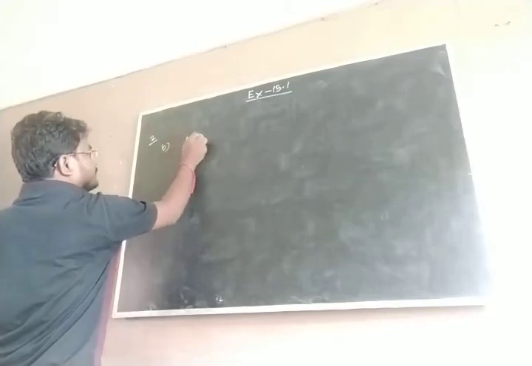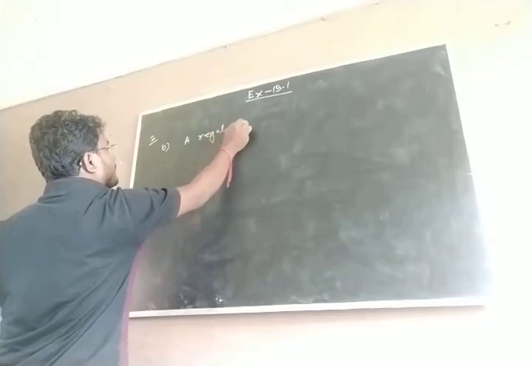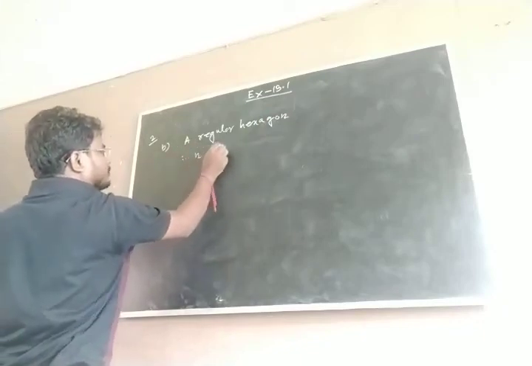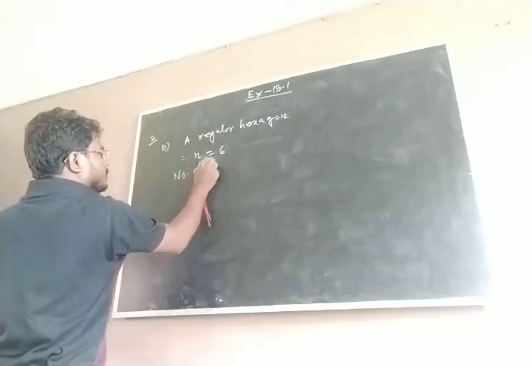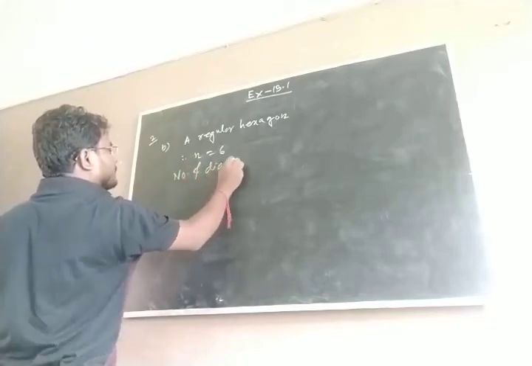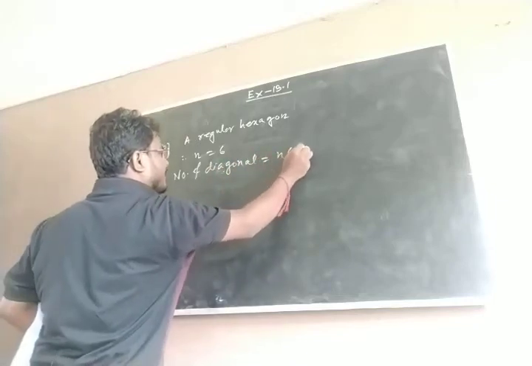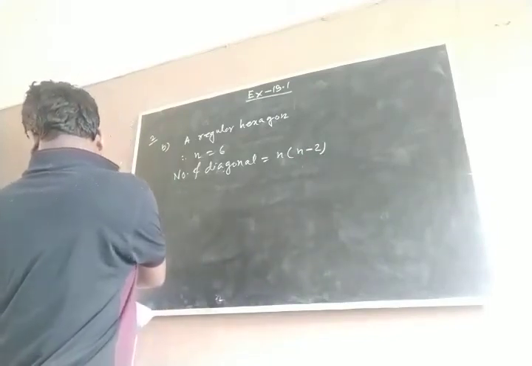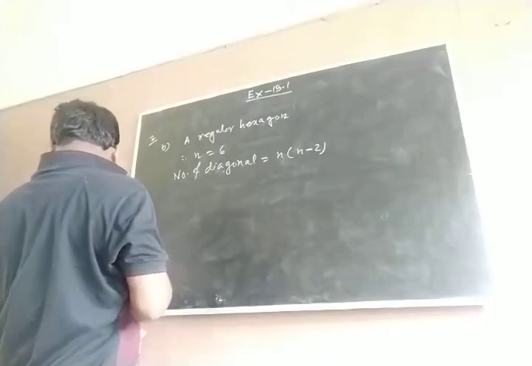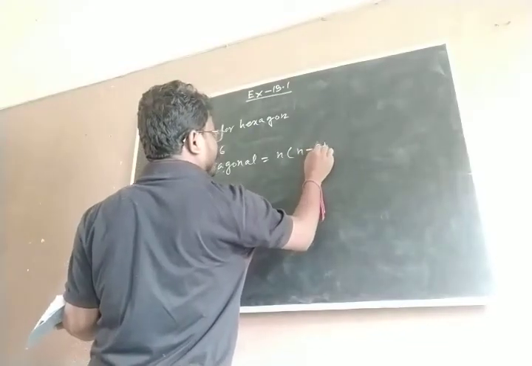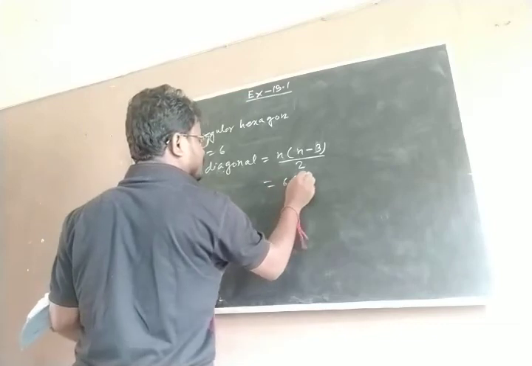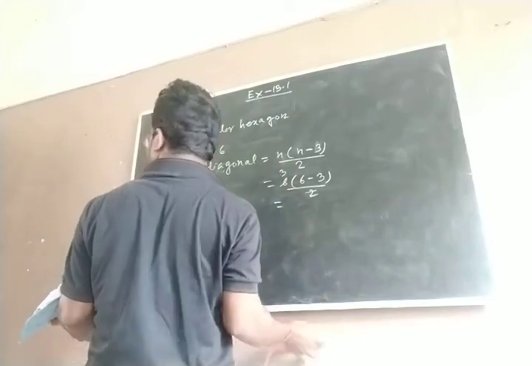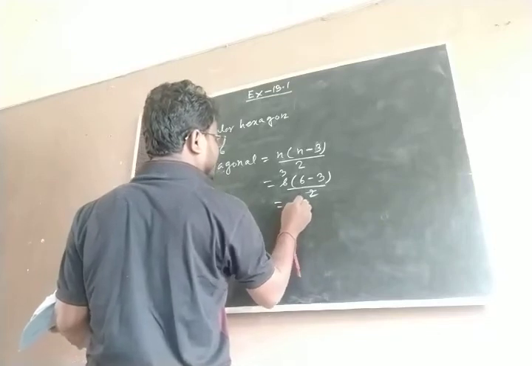A regular hexagon. Therefore, n equals 6, and we know number of diagonals equals n into n minus 3 by 2. 6 into 6 minus 3 by 2. 6 minus 3 is 3, so 3 into 3 is 9.